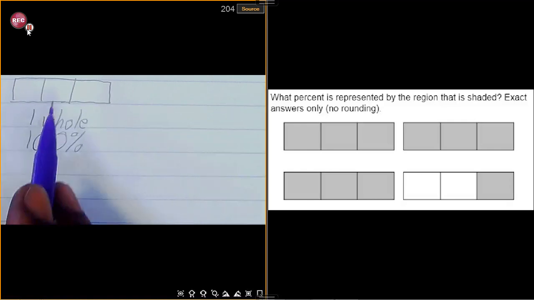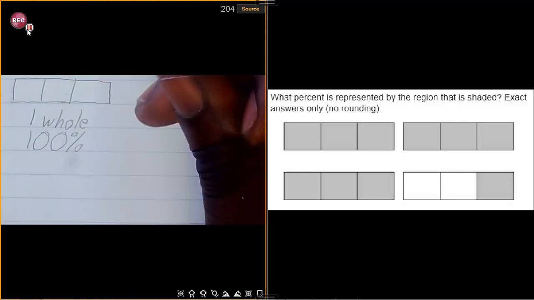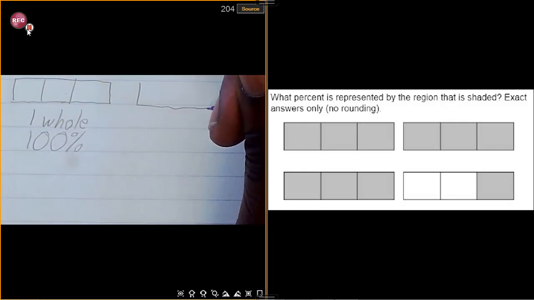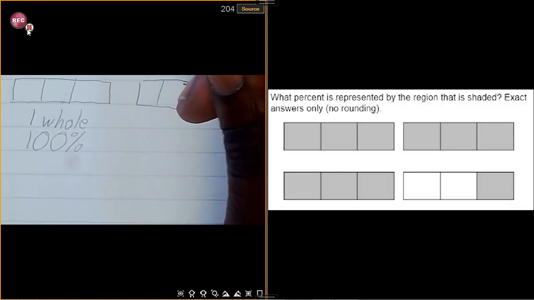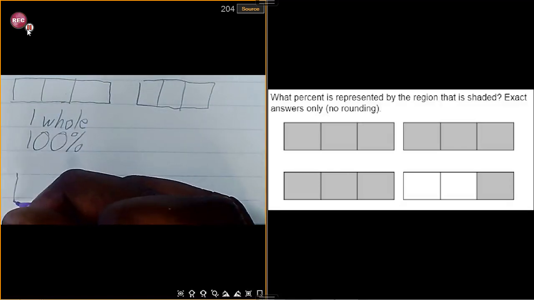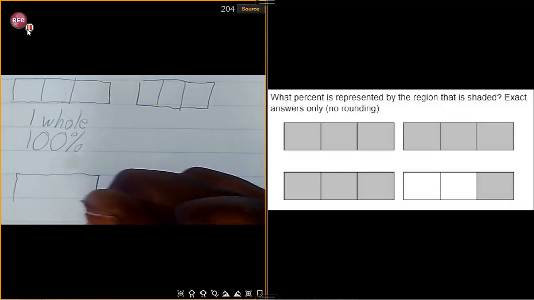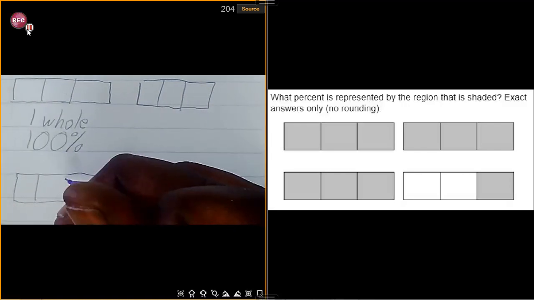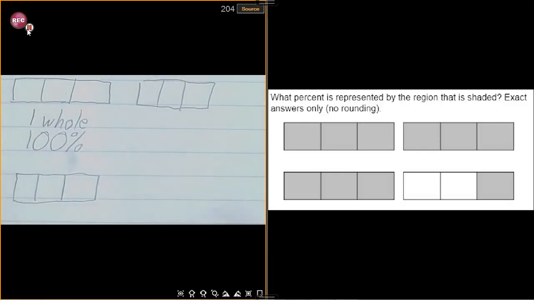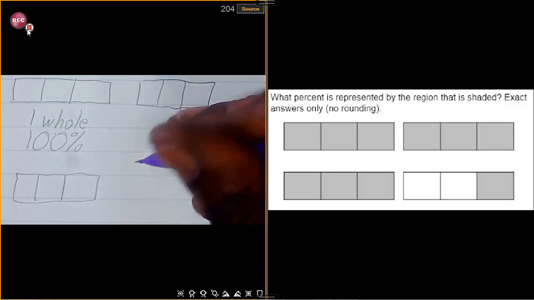So we have one, then we have another one, then we have another one. So if this one is 100, that means this one is likewise 100.